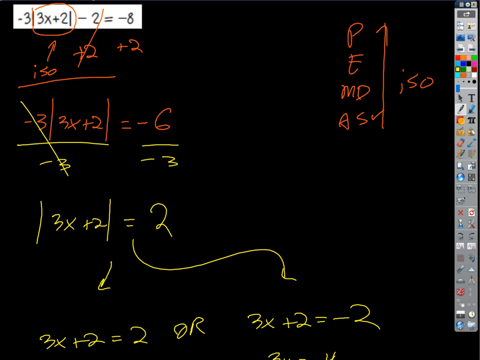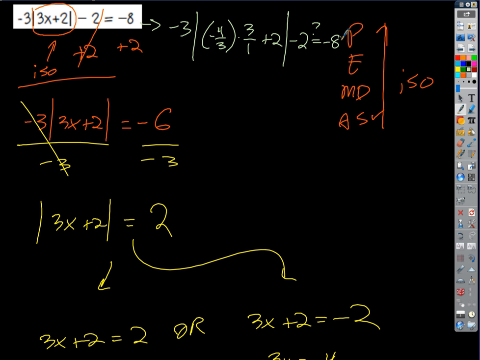Let's look at that one. If I plug in -4/3, I'm going to get -3 times the absolute value of -4/3 times 3, plus 2, minus 2. Is that equal to -8?